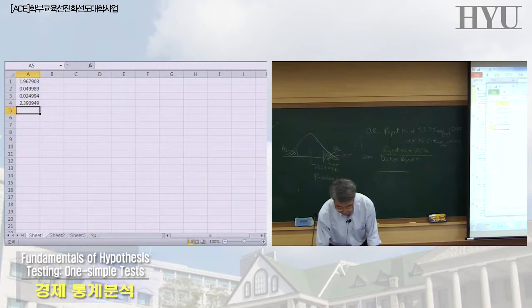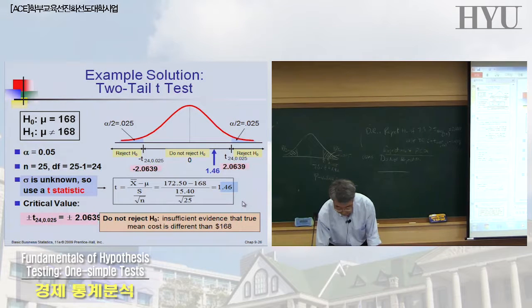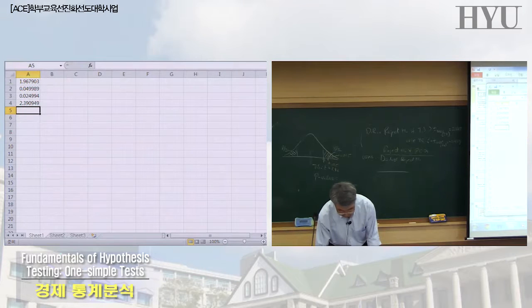Is that the same thing, or is it different? 2.0309, 0.025. What did I do here? Let me see if this will make a difference.